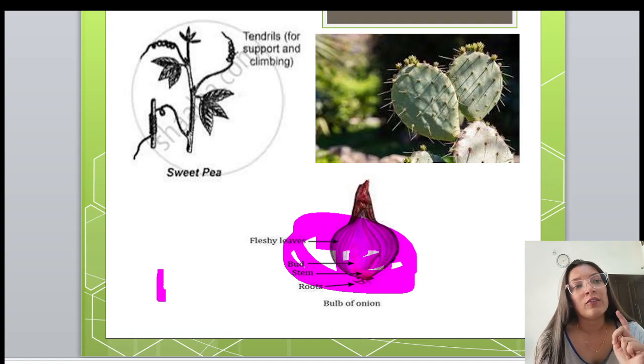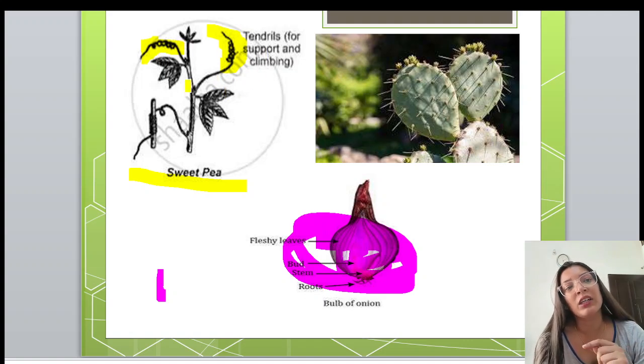Now one such example is the sweet pea, or the grape plant also, where it is observed that leaves are modified into wiry coil-like structures. Here you can see coil-like structures, just like your Maggie, the Maggie is coiled. Similarly, these coil-like structures are called tendrils, and the function is to support climbing.